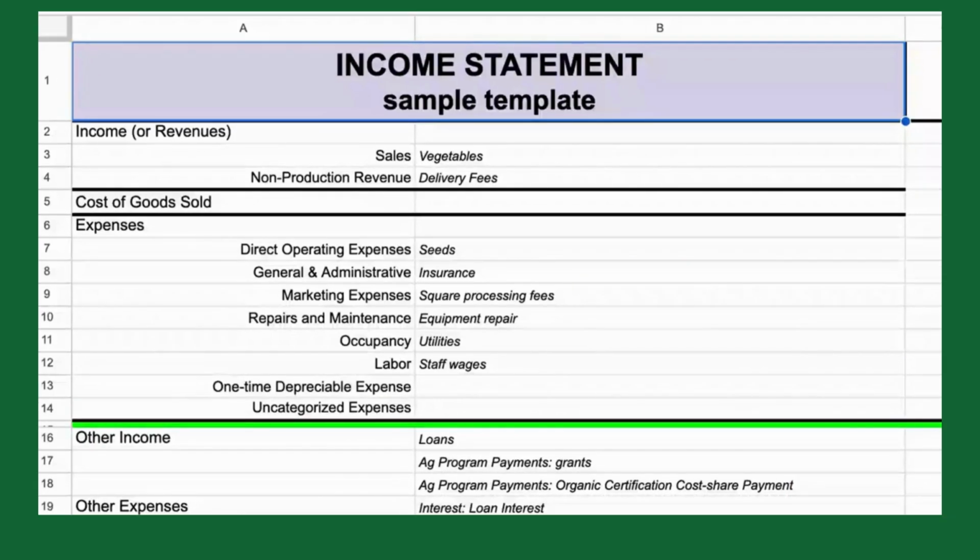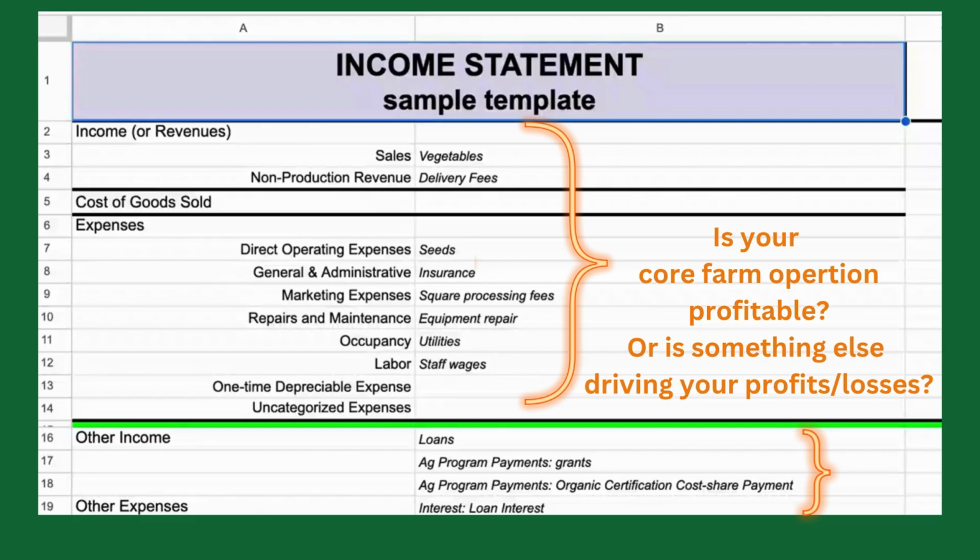What this organization does is it allows the data to show you how your core farm operation is doing by itself as a business, and whether or not something else outside of your core farm operation is driving your profits or losses. This simple separation of your financial accounts is one of the biggest steps towards utilizing your farm financial statements for assessing risks or evaluating opportunities.